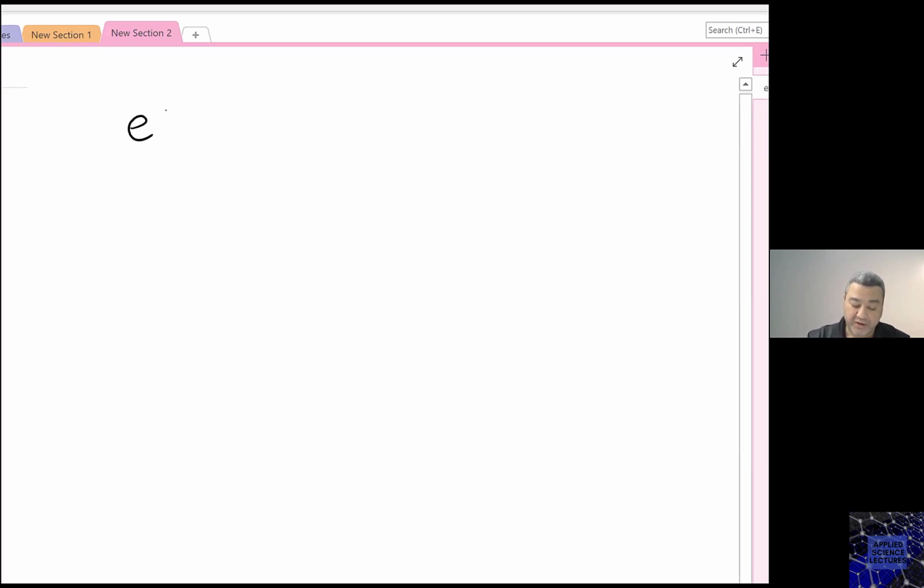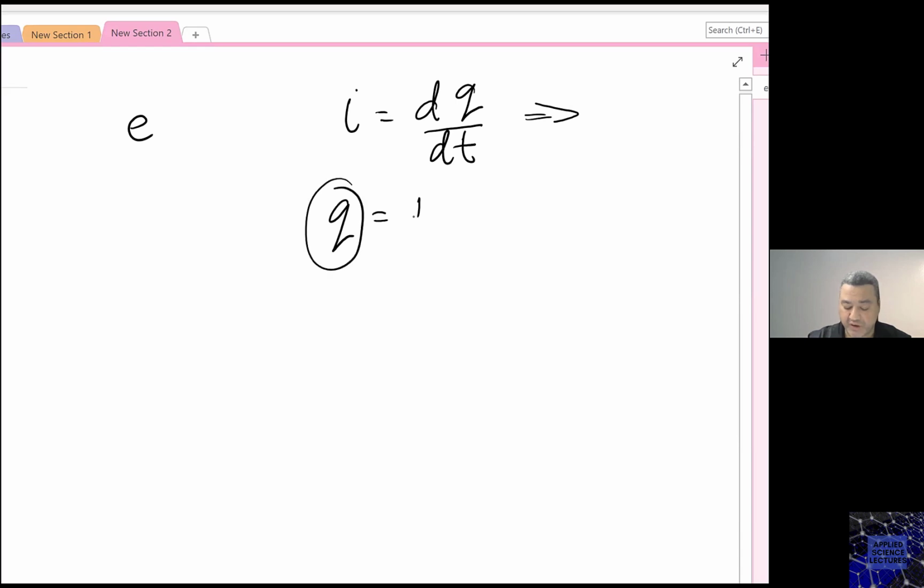So in this case, if I look at the relationship between the charge and the current, I know that the current is dq over dt. And if I integrate, then this charge equals the current times the total time.